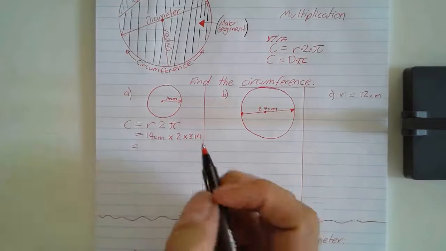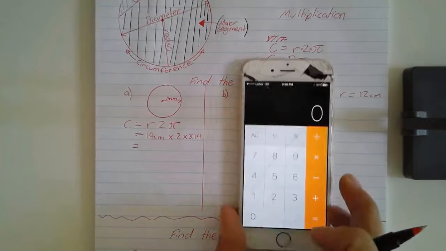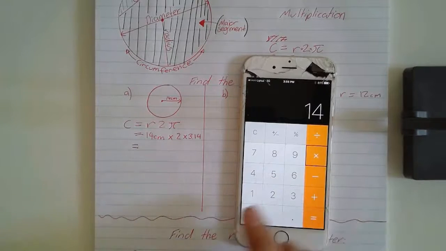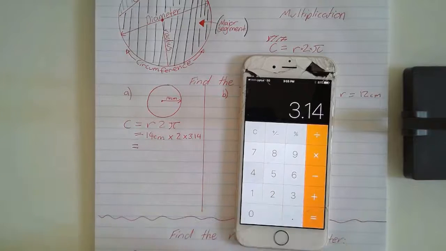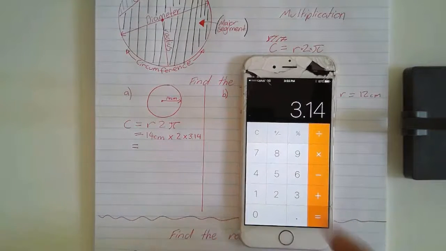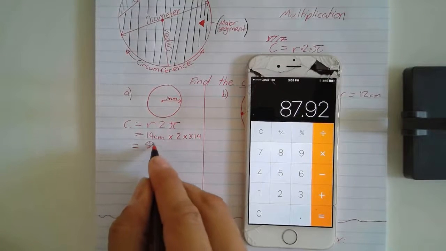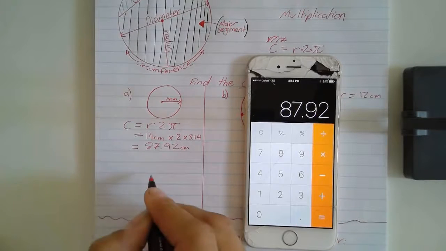This equals, get my trusty calculator out. I've got 14 times 2 times 3.14 equals 87.92. So that is 87.92 centimeters. Don't forget to put that in there.